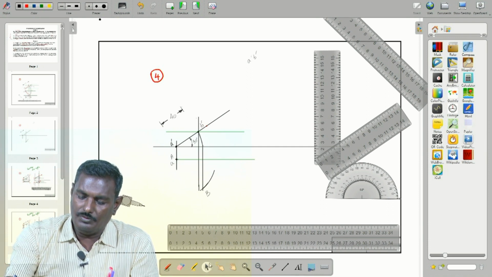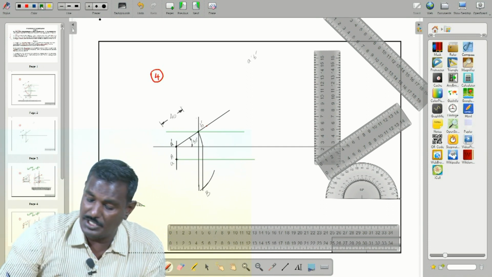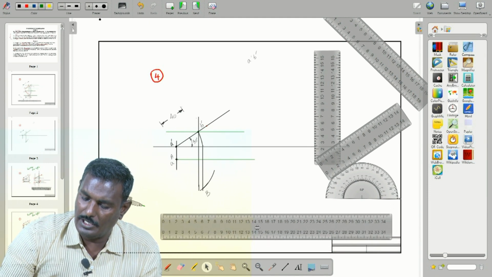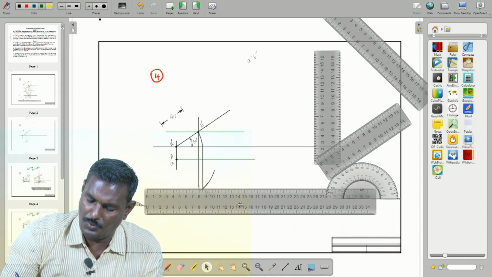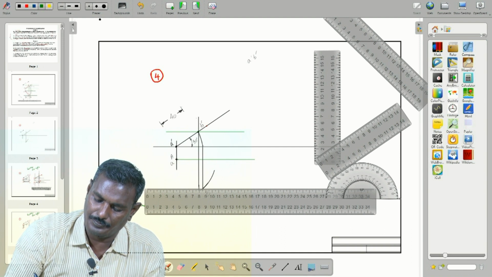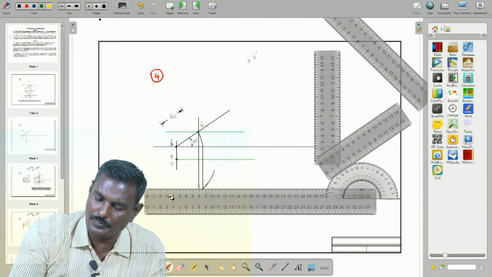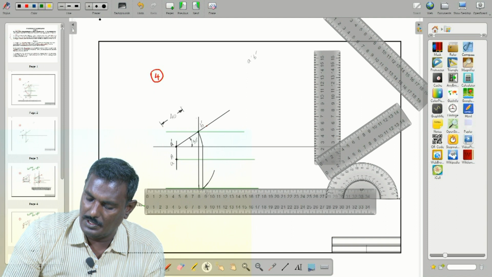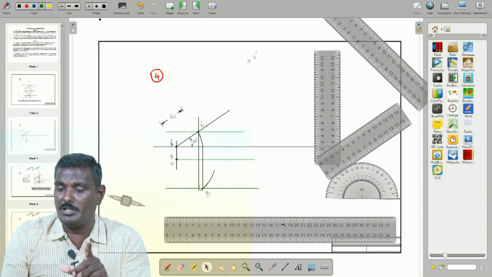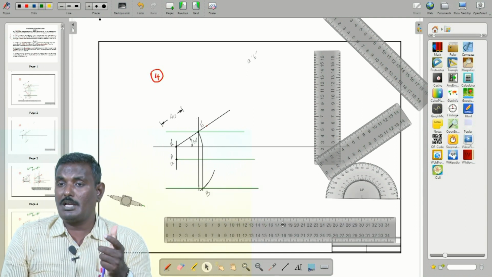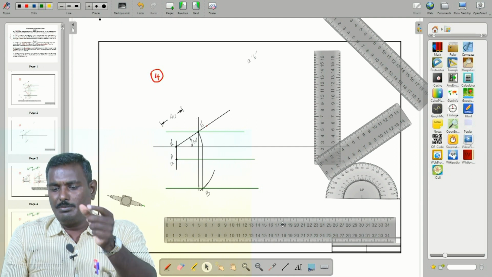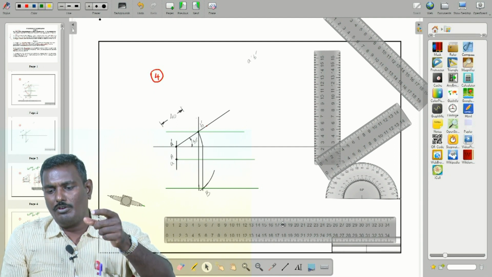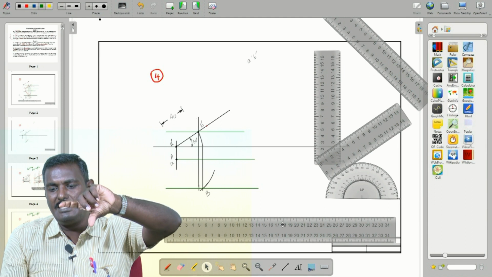So, now draw a locus line from this point only. That's why I am telling, because how to determine the true length is a similar concept. So therefore we have to trace A dash B dash.